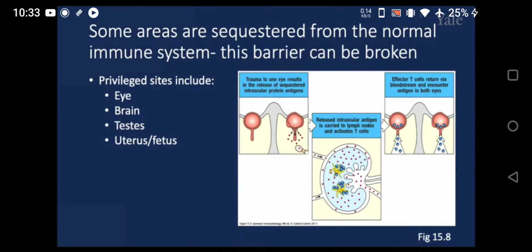And during autoimmunity, multiple parts of the immune system are recruited. So if B cells are recruited, we may have autoantibodies that target specific antigens or can form damaging immune complexes. If T cells are involved, we may have effector T cells that can cause inflammation and also direct tissue damage.